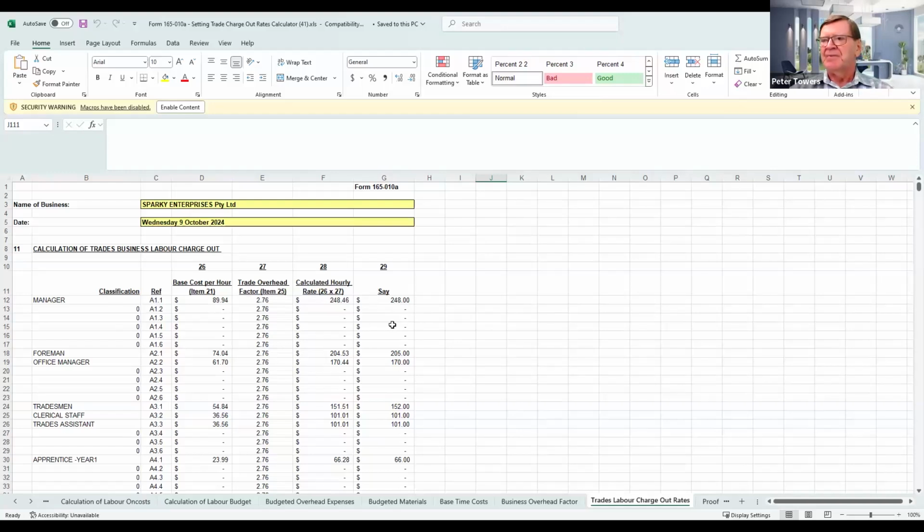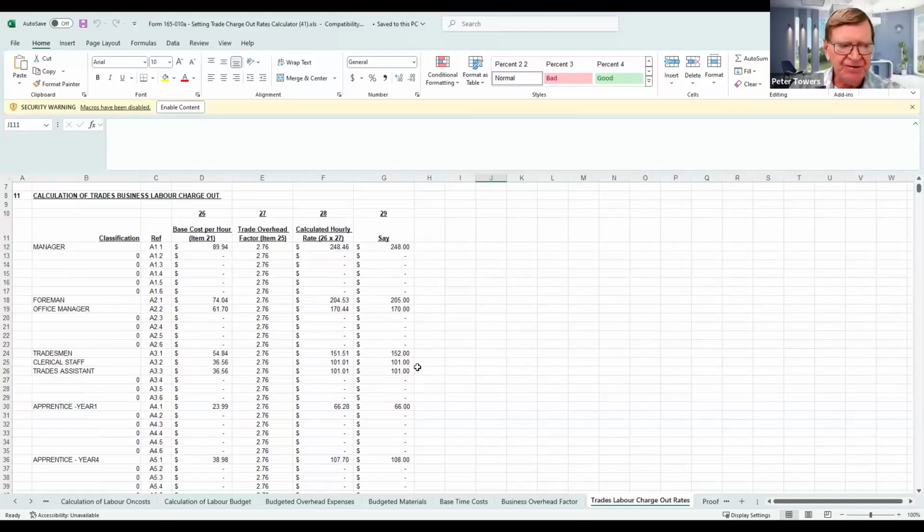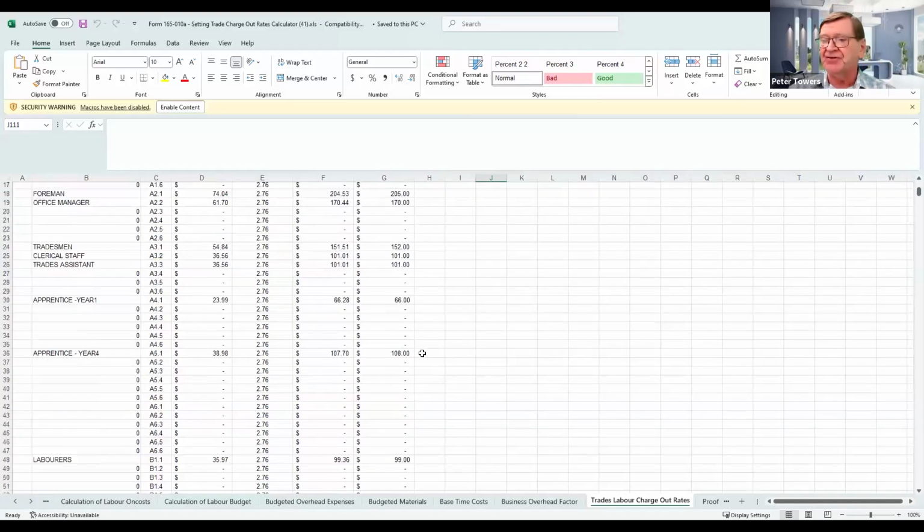So we're saying the manager would be charged at $248, the foreman at $205, the office manager at $170, tradesman at $152. Remember, these are not exact figures based on actual operating costs. These are figures that we've just inserted so you can see how the system works.